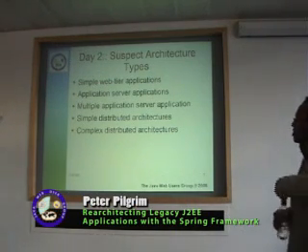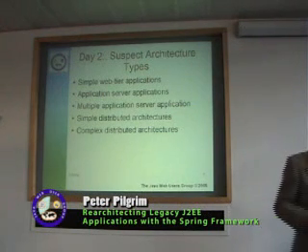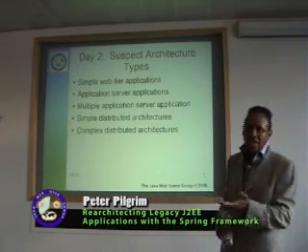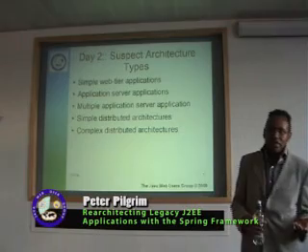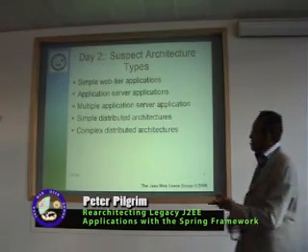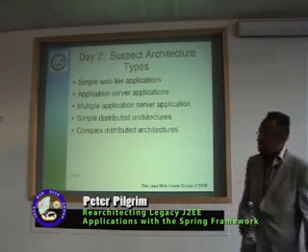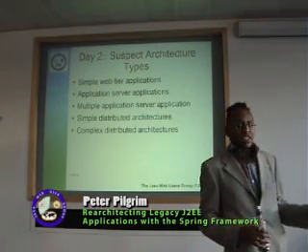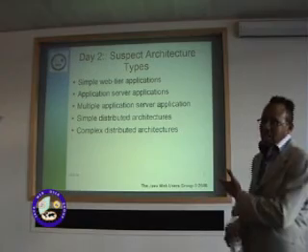So on day 2, well, for me today, it was trying to understand what kind of architecture you have. You can have a simple web tier application, which would be Tomcat or Resin, one web container running somewhere. On the other hand, you have your application server architectures.